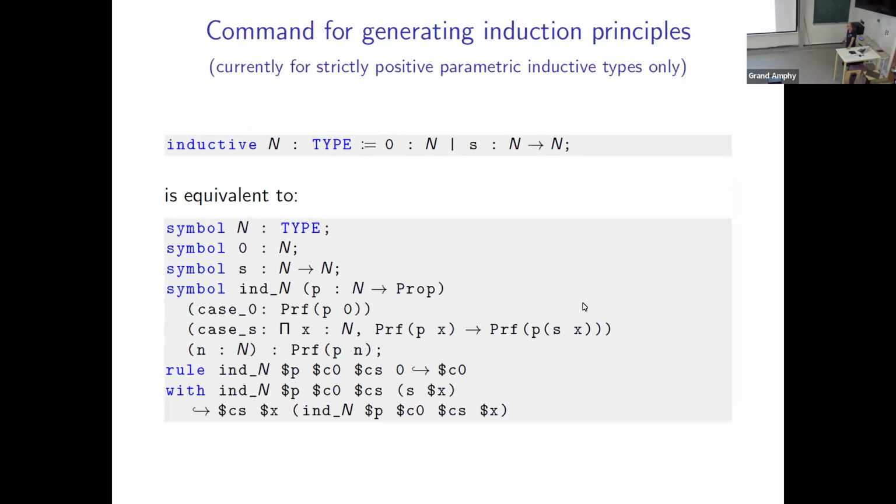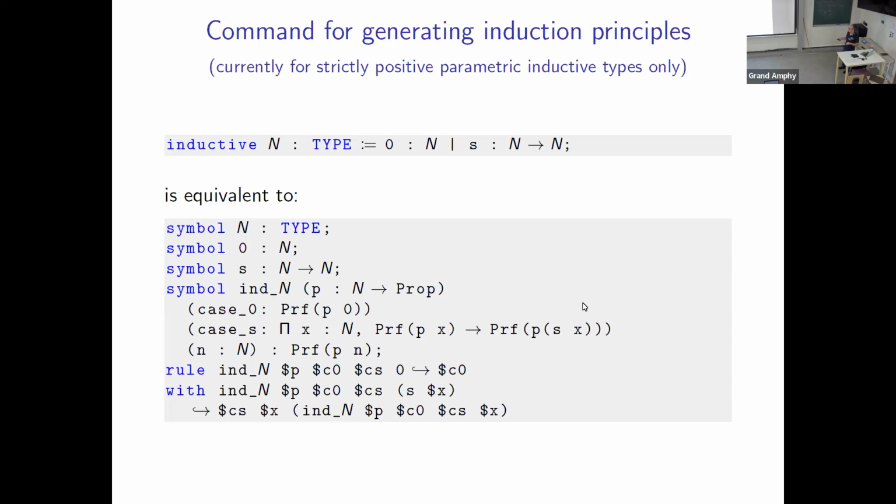And by the way, there is also a command inductive. Before I mentioned the natural numbers, we can represent this as declaring a type and then a declaration for each constructor. But actually, we want more. We also want induction principles and rules for induction principles for cut elimination.